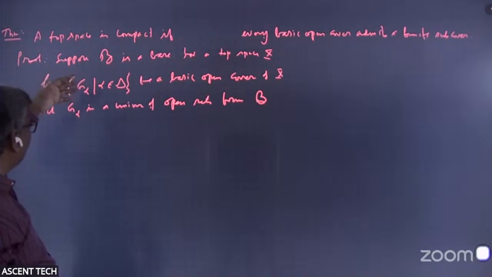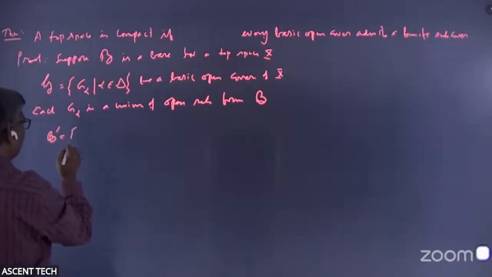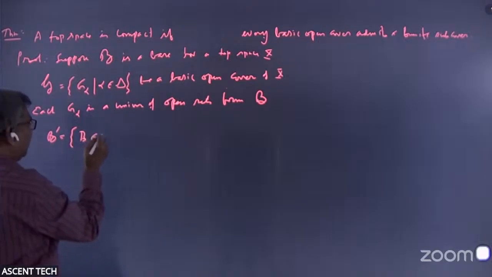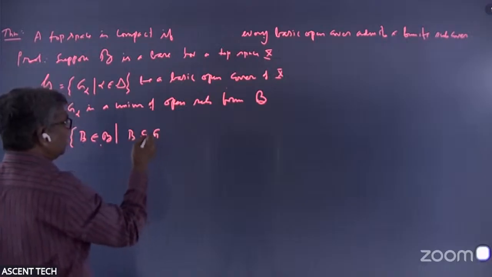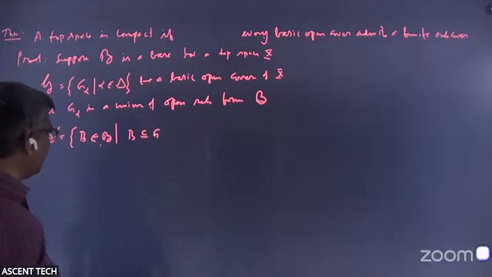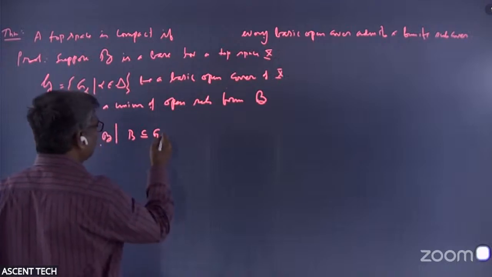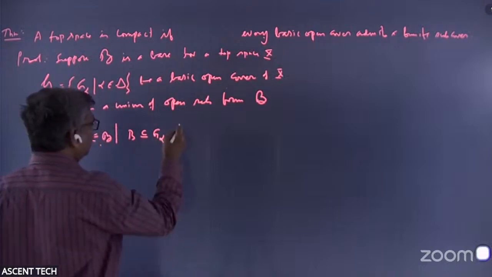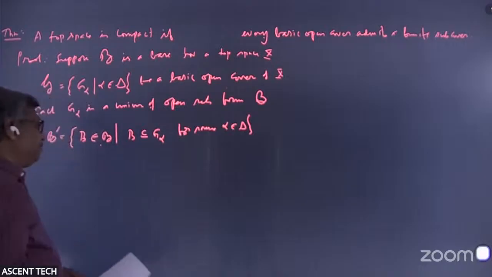So for all alpha, you have all the basic sets you have created, and all of them will create B dashed, which is each B of the base, where B is part of the description of G alpha. Thus, that B is contained in G alpha for some alpha in delta.